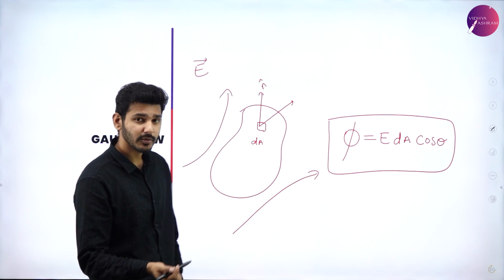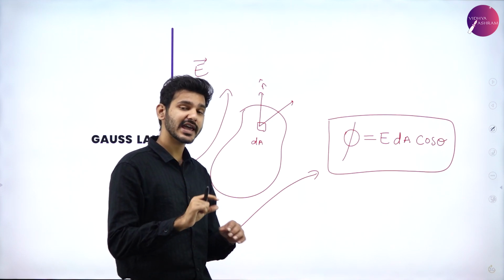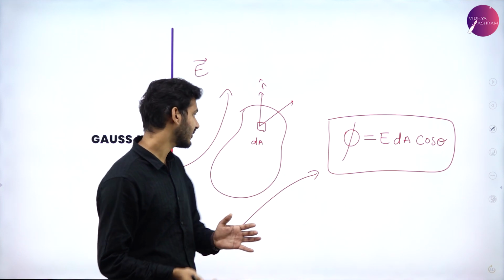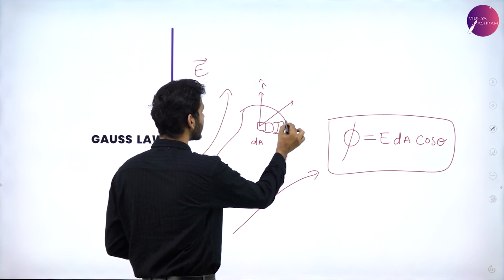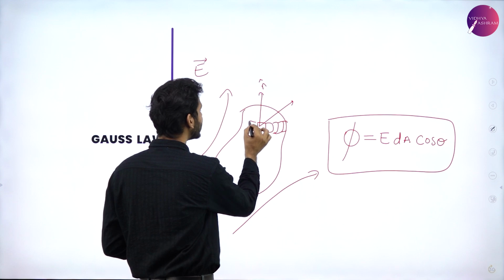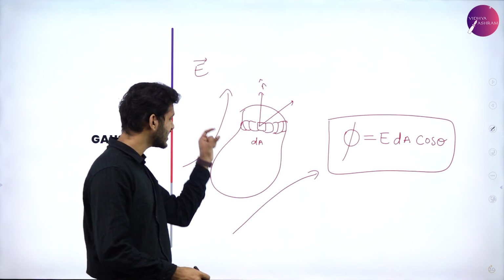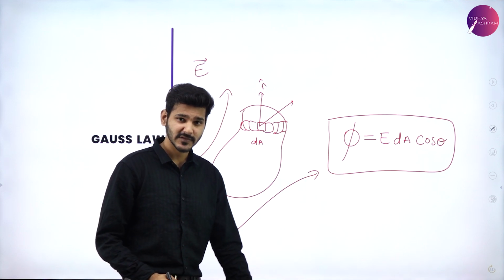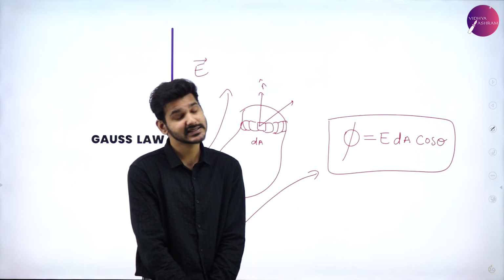But my problem is that this is a very small area. In order to calculate for the whole surface, I have to take small pieces like this until the entire surface is covered, and that is very difficult, taking each piece and adding them together. To fix that problem, we have a solution in mathematics, known as integration.